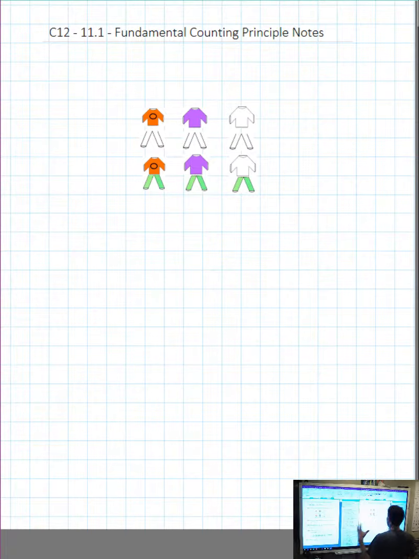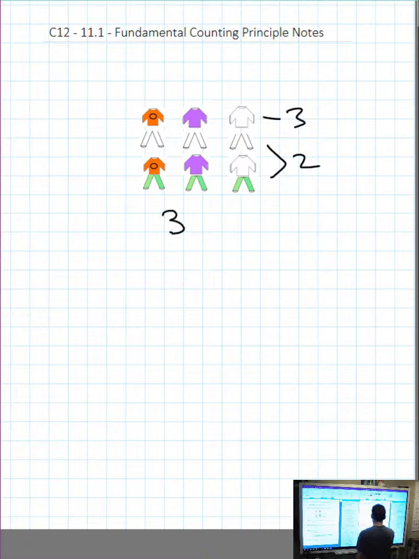So we have three different t-shirts, and two different pairs of pants. So how many different outfits can we make with these? Well, the fundamental counting principle says simply the number of t-shirts times the number of pants, so 6.